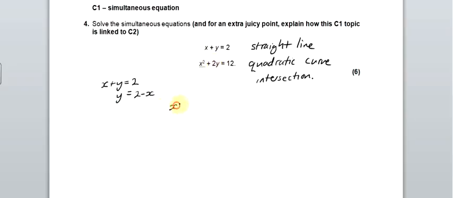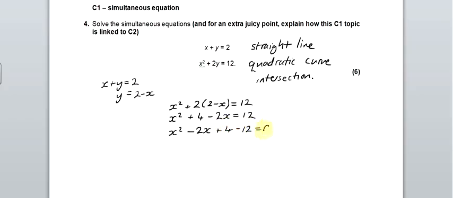So we've got x squared plus 2y, that's 2 minus x, is equal to 12, and then we multiply it all out. x squared plus 4 minus 2x equals 12, and hopefully you spot that it's a quadratic, and we go for the familiar quadratic form where it equals 0, very important that, and almost there. x squared minus 2x minus 8 equals 0.